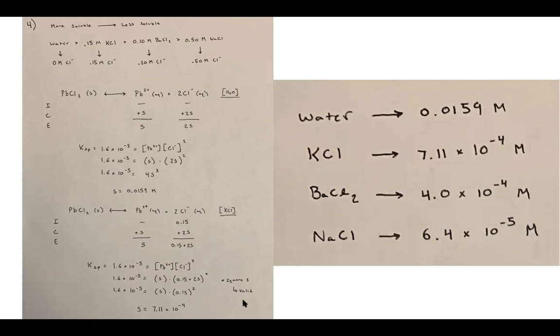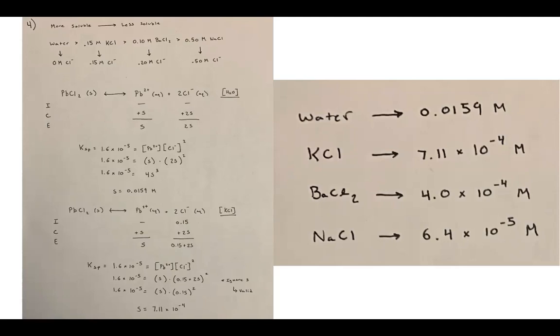Starting with when the solvent was water, we have lead chloride solid that's going to split into its respective ions. We're going to assume we have no initial amount of our ions, and we're going to put our change in terms of S. So +S for lead, +2S for chlorine, again because its coefficient is 2.